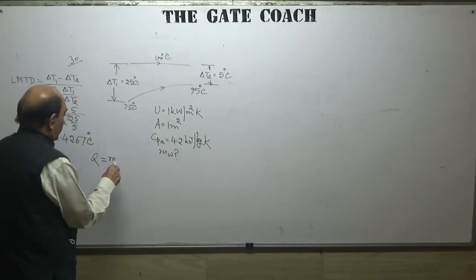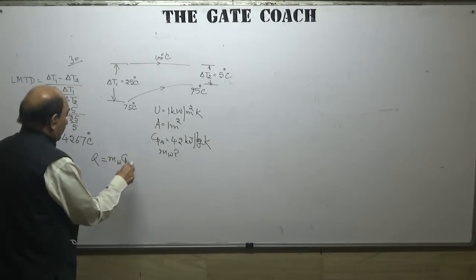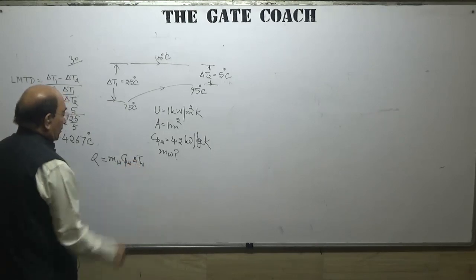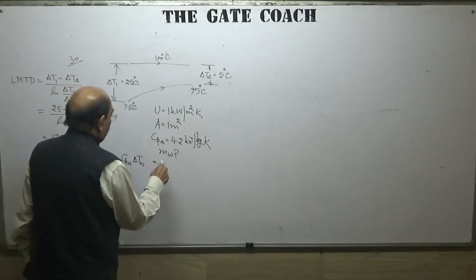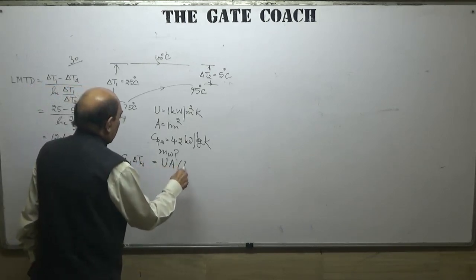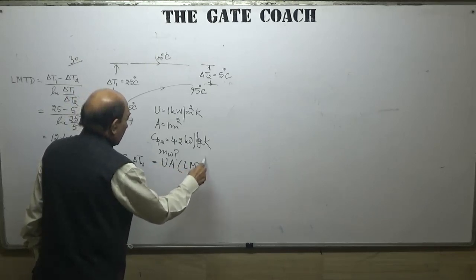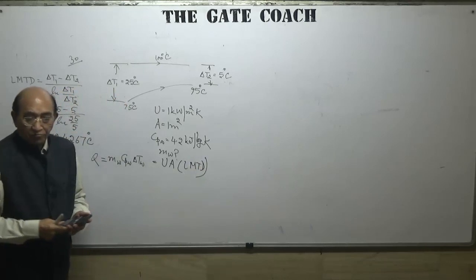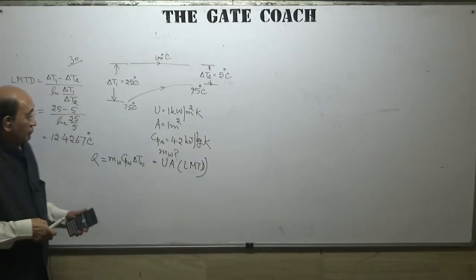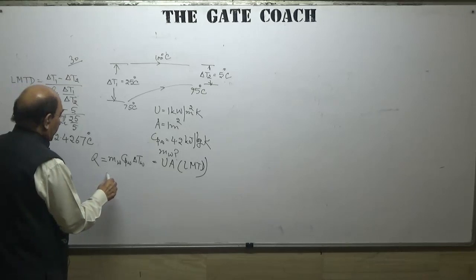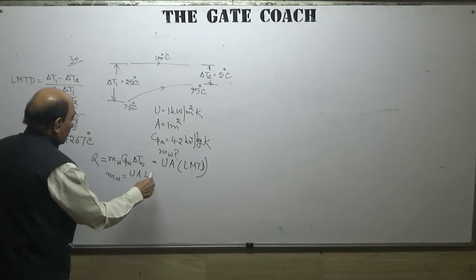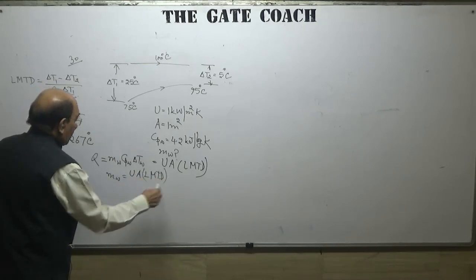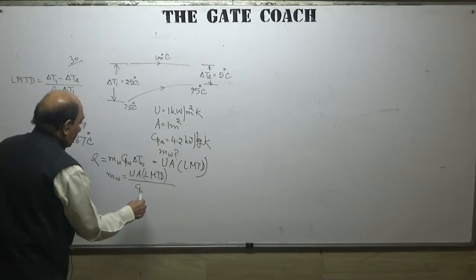And cooling water m_w C_pw into delta T_w should be equal to UA into LMTD. m_w we have to determine, which becomes UA LMTD upon C_pw and delta T_w.